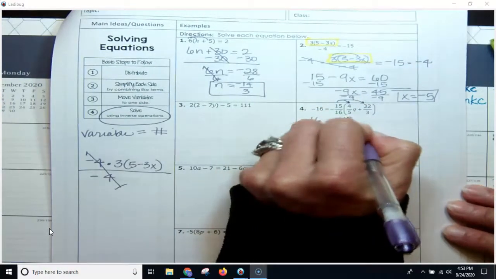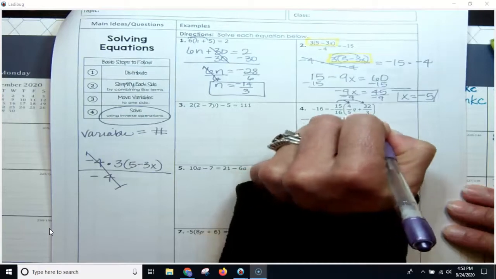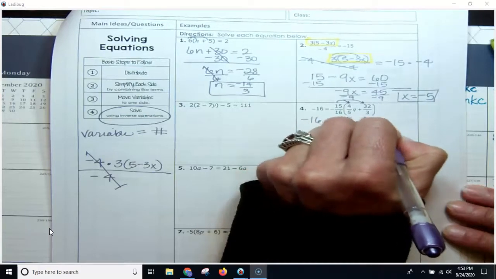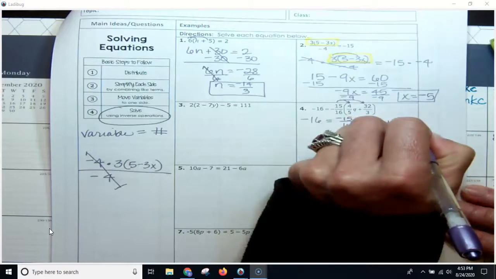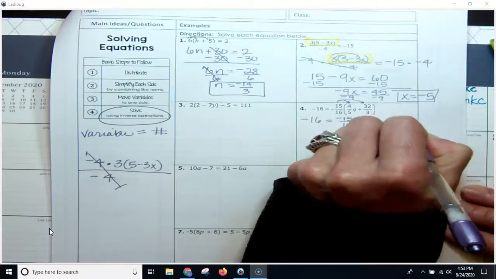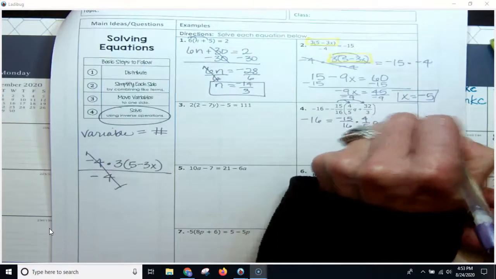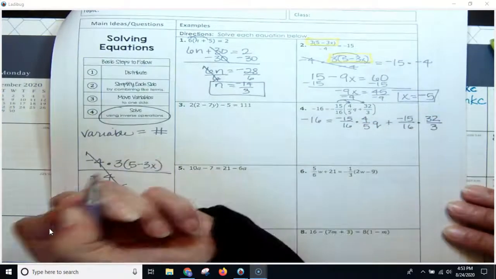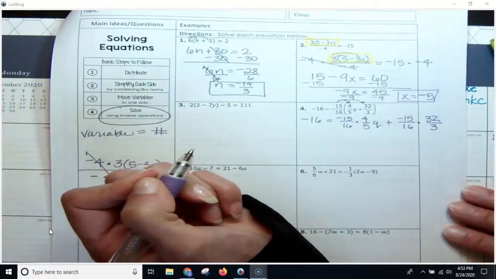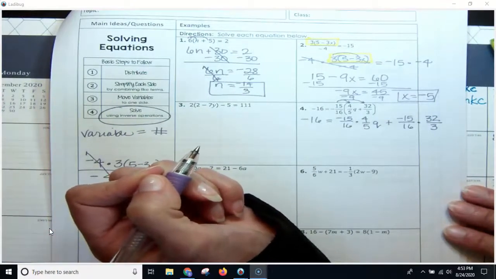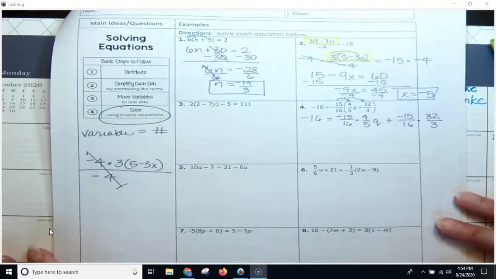Negative 15 over 16 times 4 over 5q plus negative 15 over 16 times 32 over 3. Now, this is very different than cross multiplying. We are dividing.